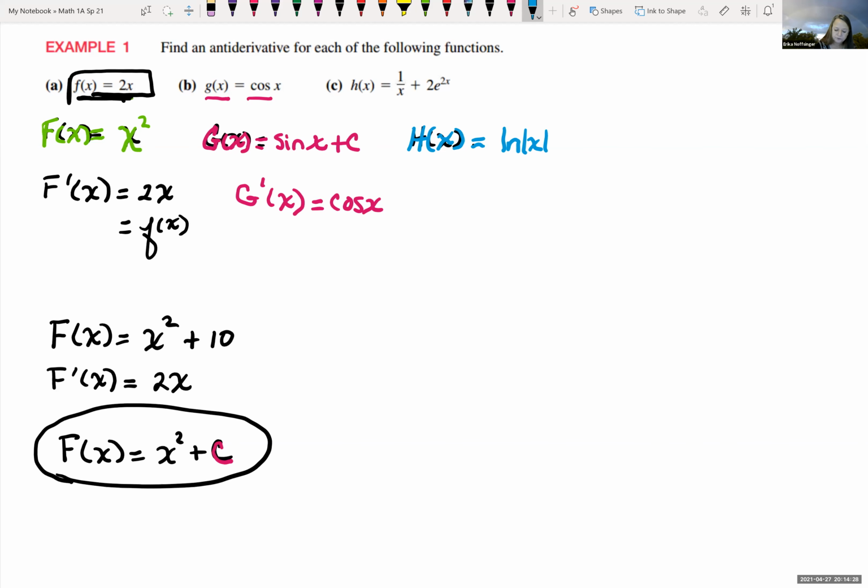So it's equal to the natural log of x plus, and now we have to think about this 2e to the 2x.